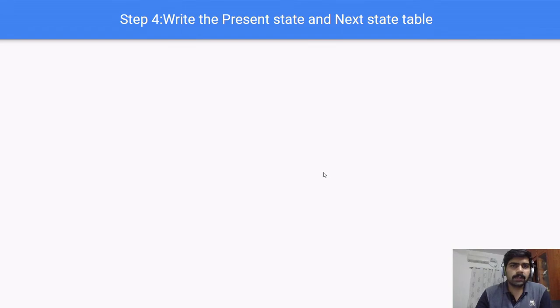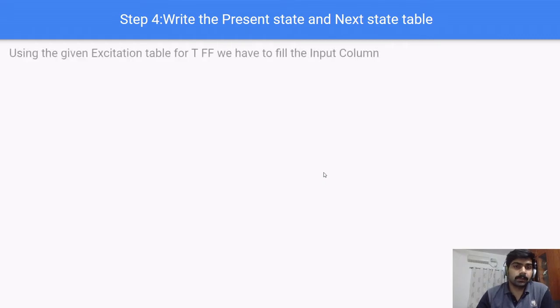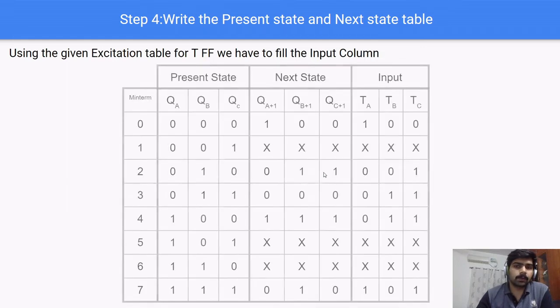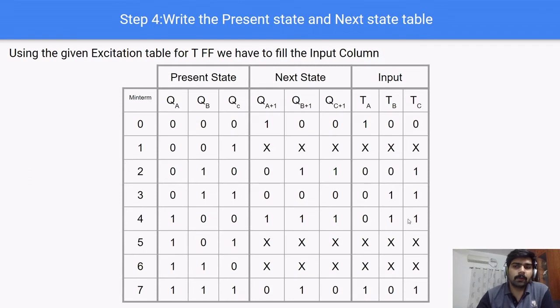Moving to the fourth and the most complex step of the process, we have to write the present state and next state table. Using the given excitation table for the T flip-flop, we have to fill the input column. Over here we have already filled it, but I'll explain how it's done.